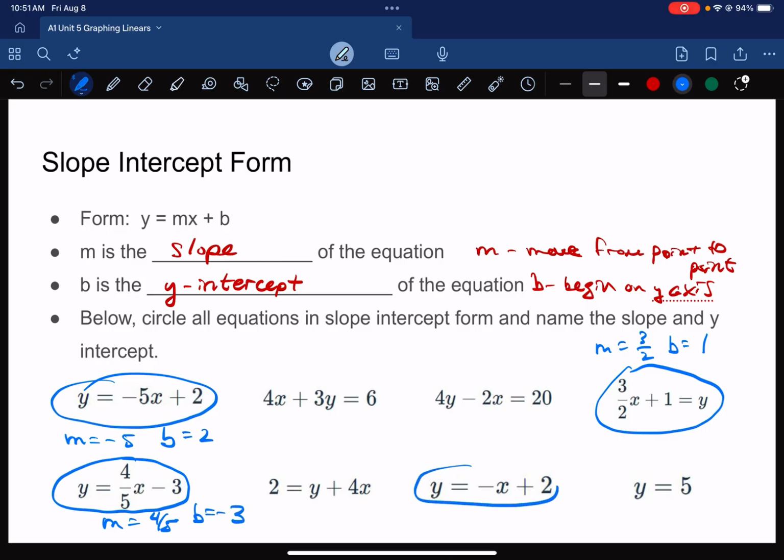Here's one here. The slope is negative, and then there's a 1 there, so -1. We don't write the 1, but it's understood to be there. And the y-intercept is 2, and then believe it or not, this is actually slope-intercept form. The slope is 0, and the y-intercept is the 5. Okay?